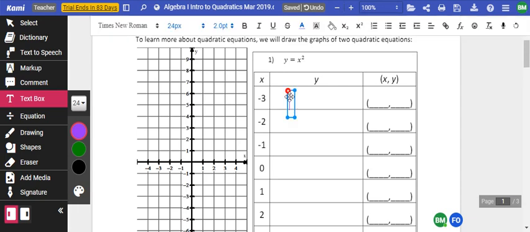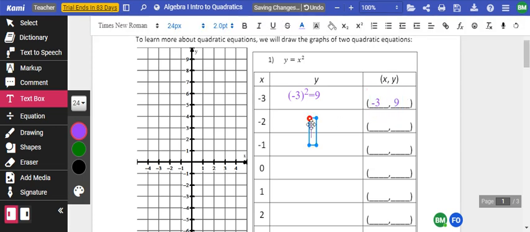So we stick in a -3, and I'm just going to do a couple of these. It gives you (-3) squared, and that ends up giving us 9. Just wanted to show you what that looked like. And then what we're going to graph on there is this point, (-3, 9).